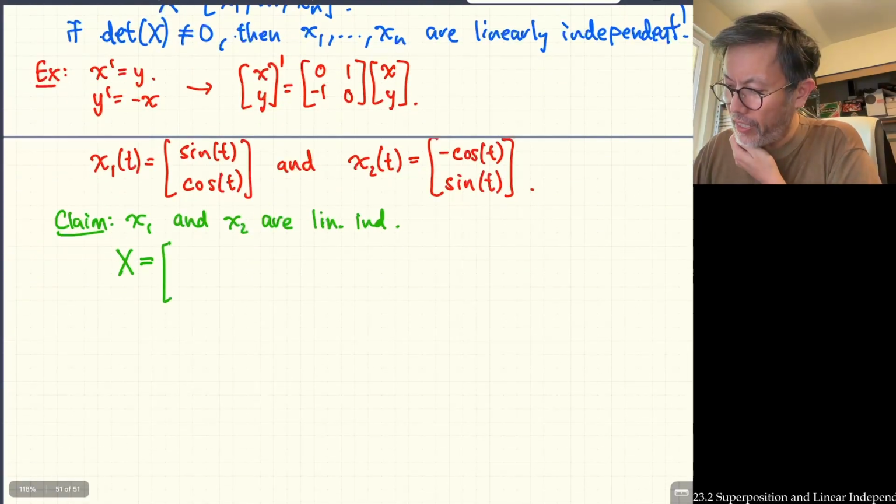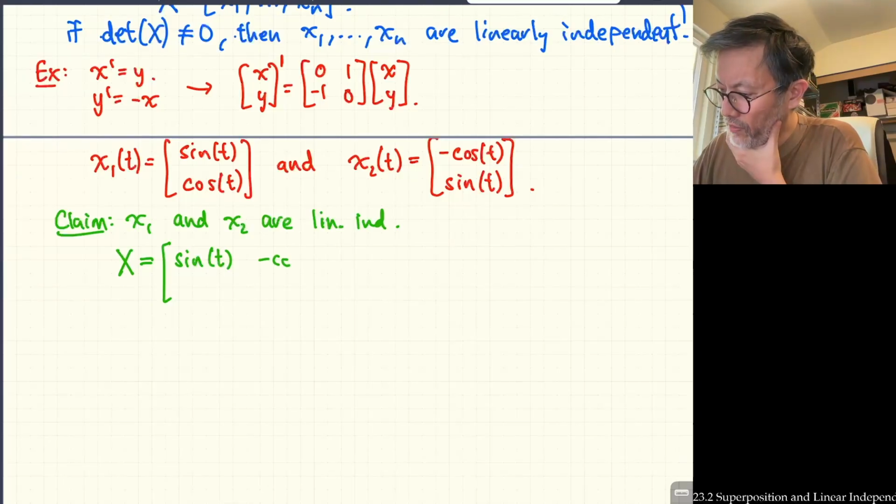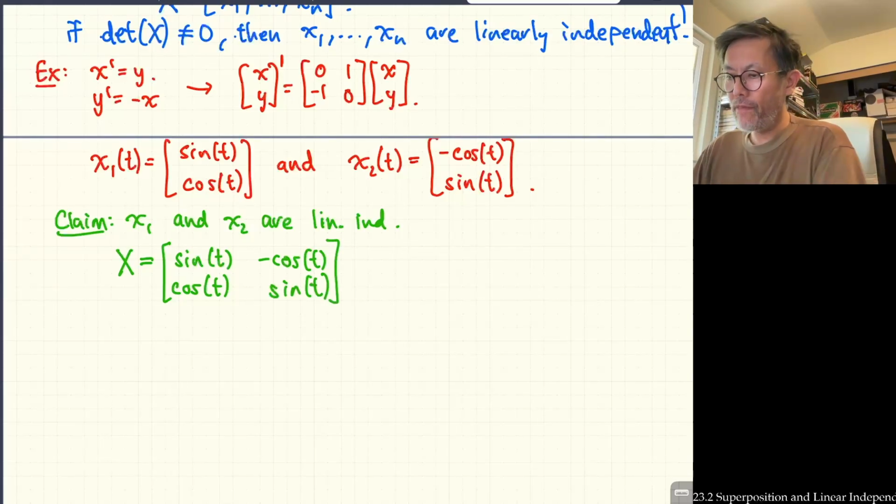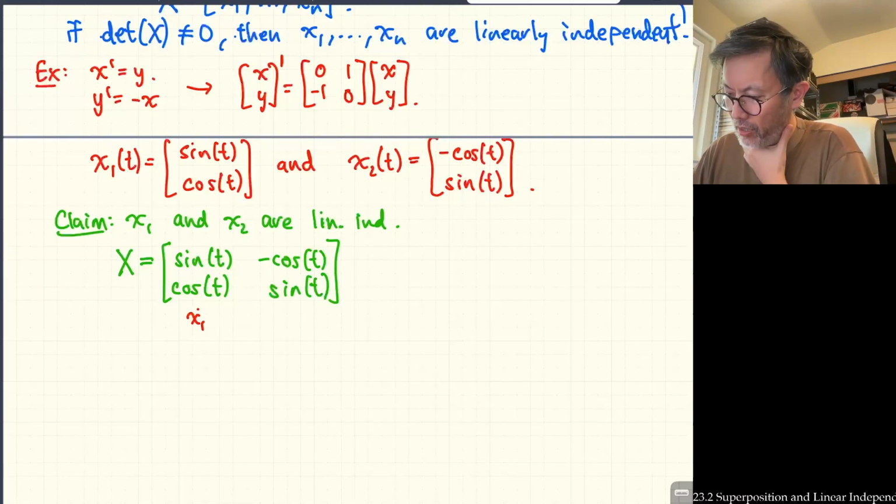It's going to look like sine of t, negative cosine of t, cosine of t, sine of t. I'm just mashing these columns, x1 and x2, together into a matrix. x1 is in this column, and x2 is in this column here.